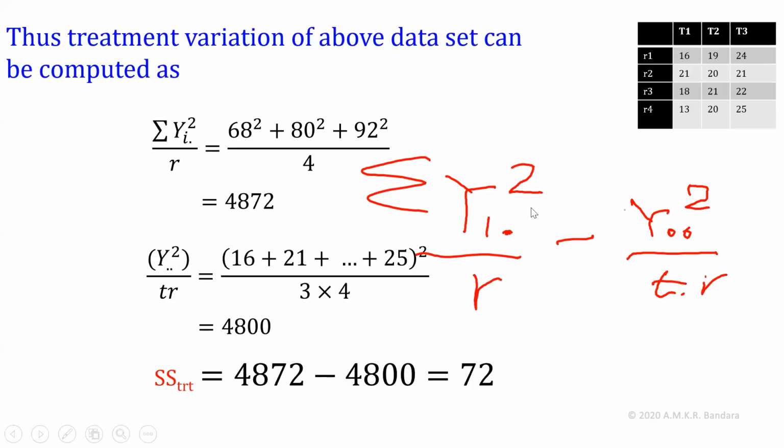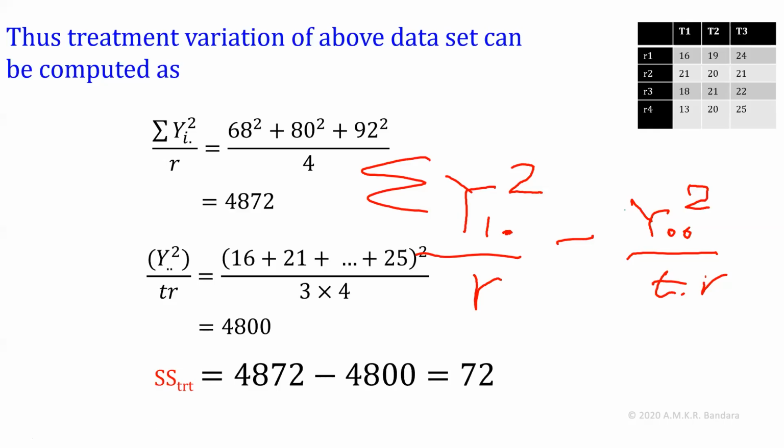So this part is 4872. This part is 4800. By deducting this, we can get the treatment sums of square, which is 72.